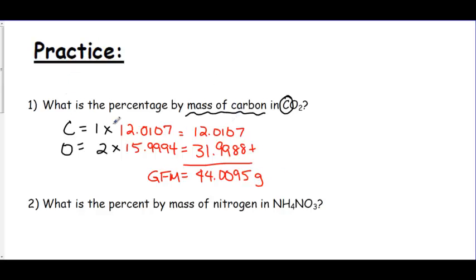They want to know what is the percentage by mass. It doesn't matter if it's in AMUs or grams because you're going to end up with a percentage in the end anyway.